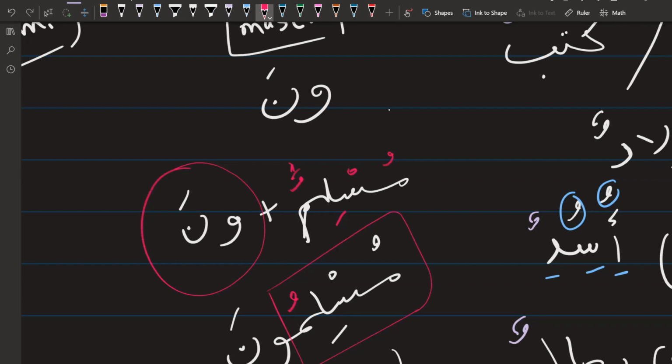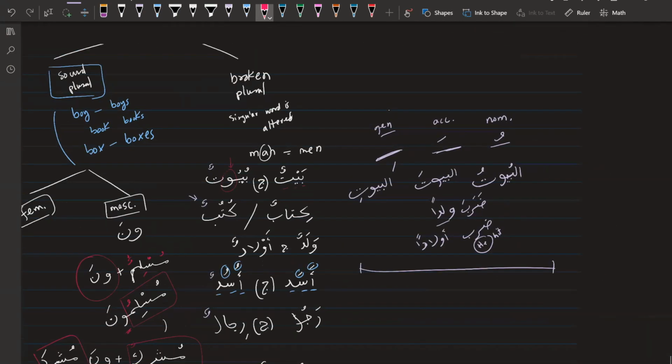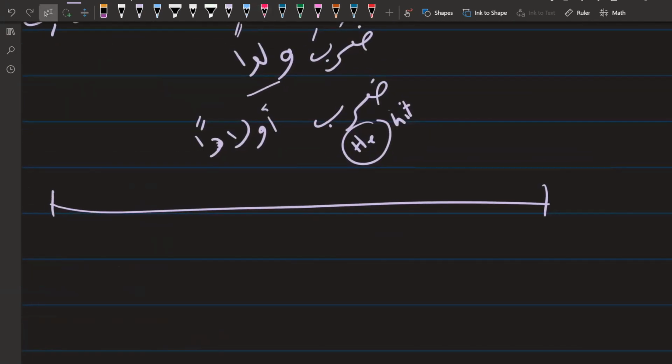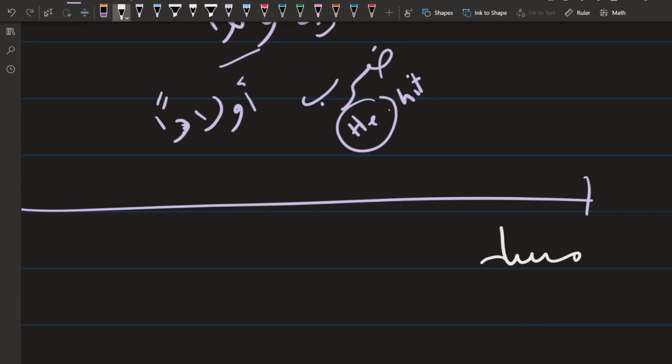For the sound masculine, for the nominative, accusative, and genitive, we don't use the haraka. Rather, we use things that we add. So for the nominative case it would be una, mostly muna. This thing that we added, una, represents the nominative case, your dhamma, so to speak. This is a replacement for dhamma.